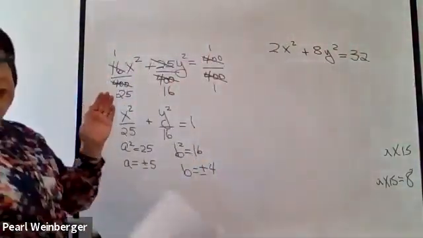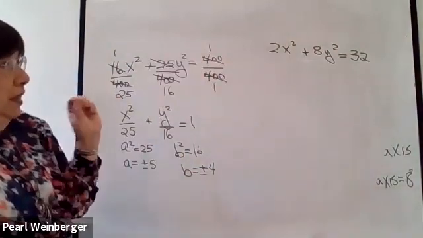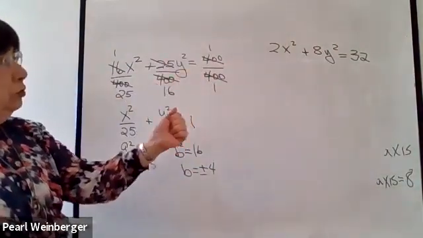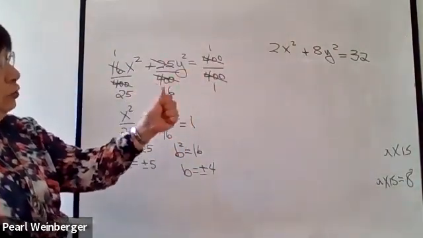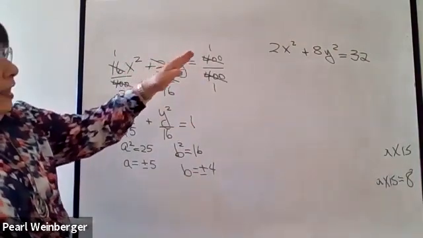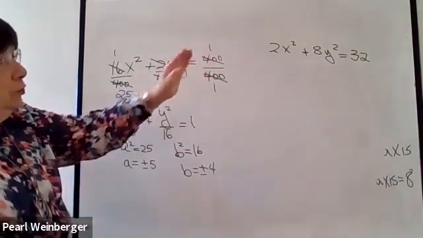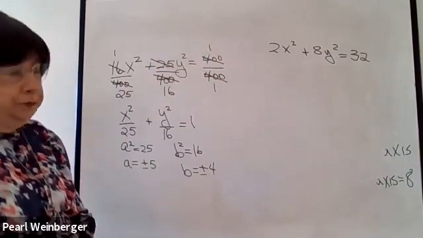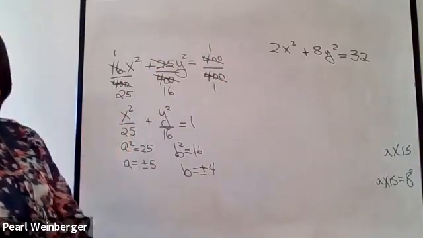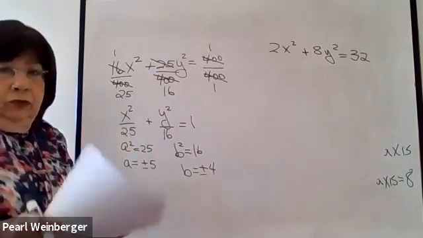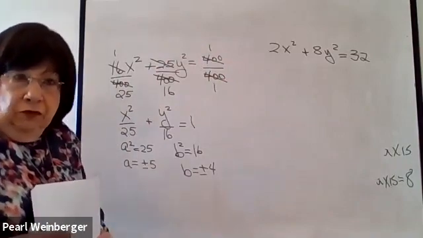I'm telling you it's an ellipse, but you would know it anyhow because it has an x squared term, a y squared term, and the numbers in front of the x squared and the y squared are different numbers. This is definitely an ellipse. Here's what I want you to do. I want you to put it in standard form.